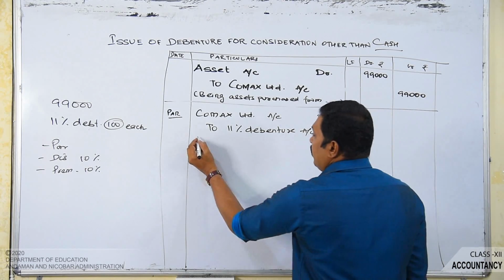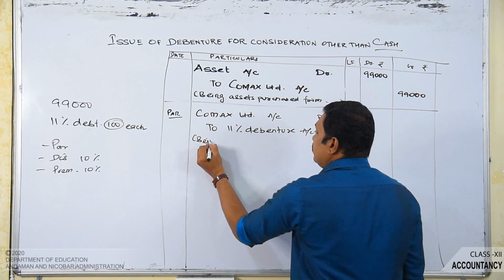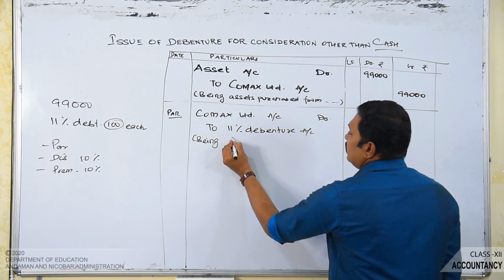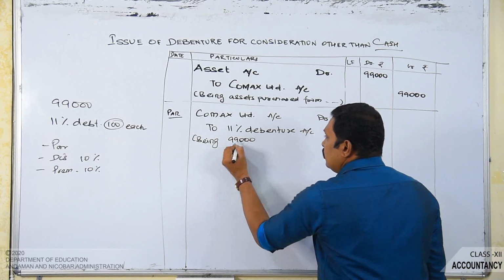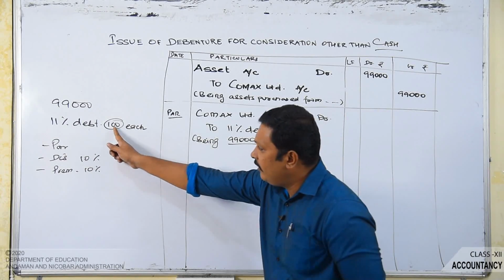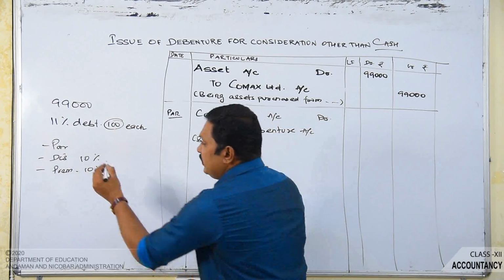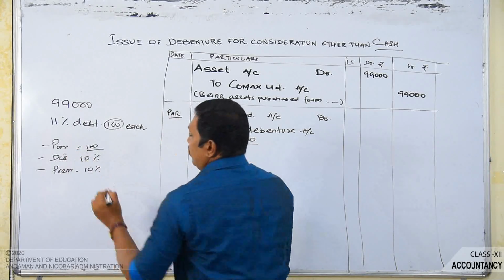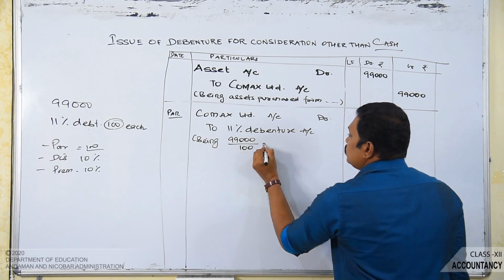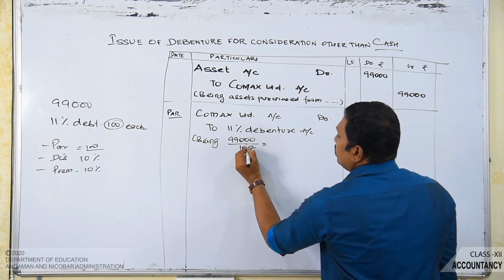Okay. Before writing the amount, we have to write the narration first. Being what is the cost of the asset? 99,000. What is the issue price? The face value is 100, but we are issuing at par only. Par means equal to 100. So we are issuing at 100 rupees. So how many debentures are we issuing?